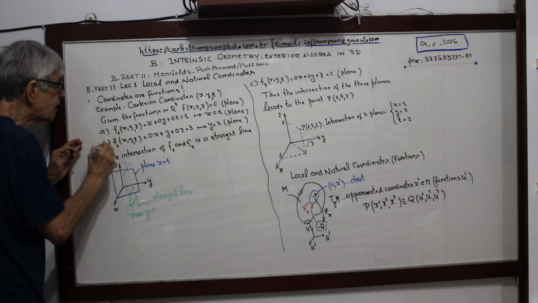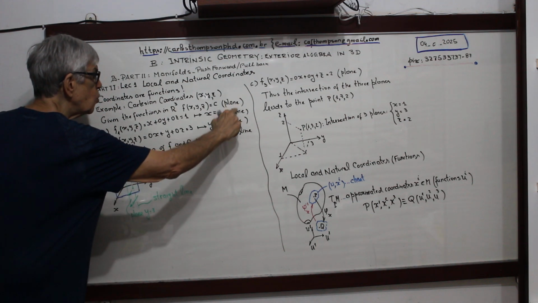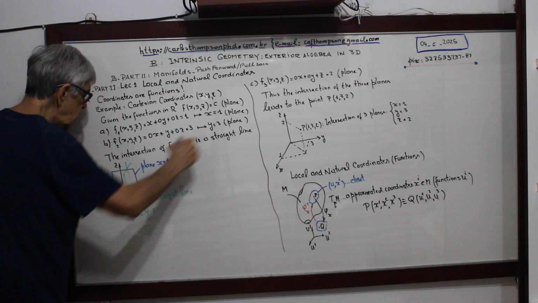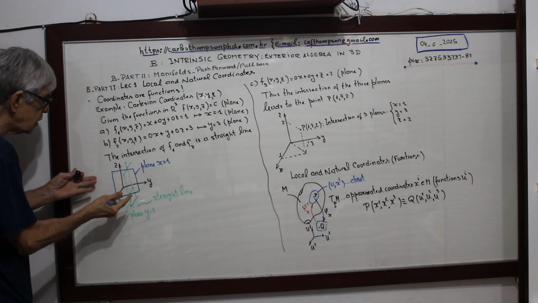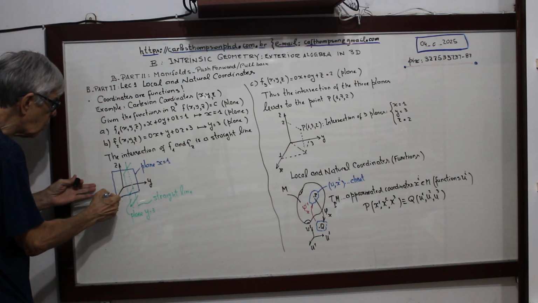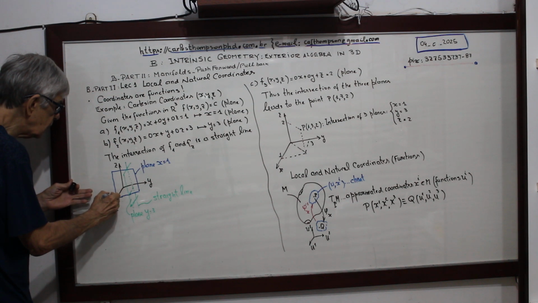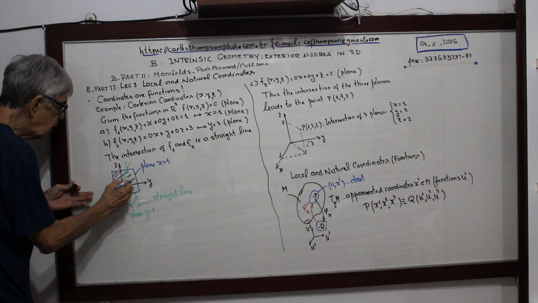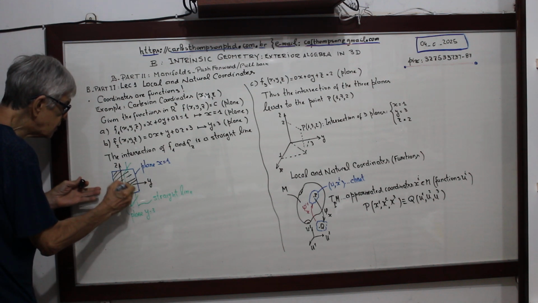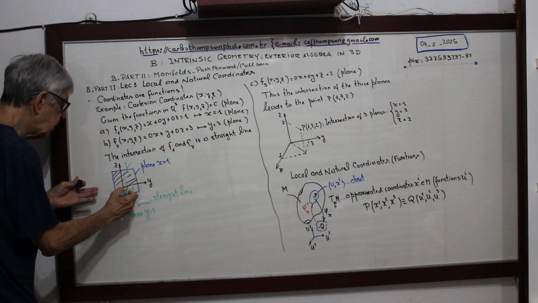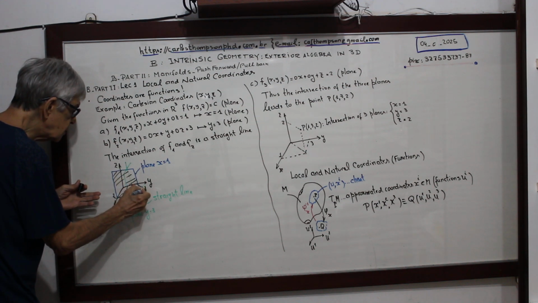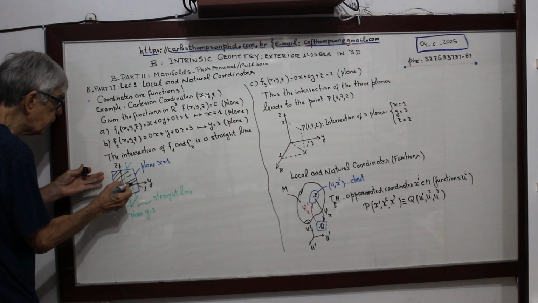Now, the intersection of these two planes, x equal to 1 and y equal to 3, is just in this figure over here. X equal to 1, this is this plane over here, okay? And y equal to 3, this green one here. That's another plane.